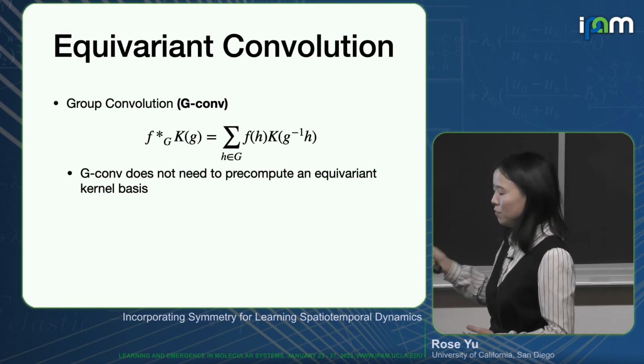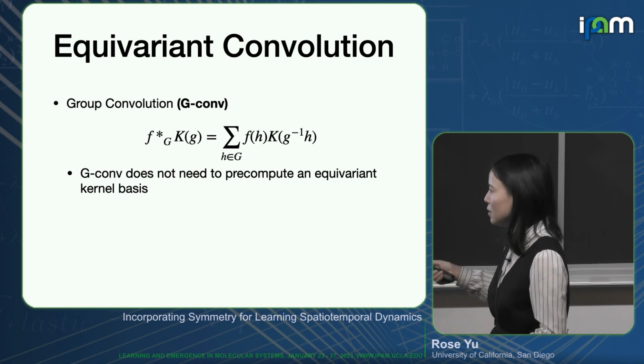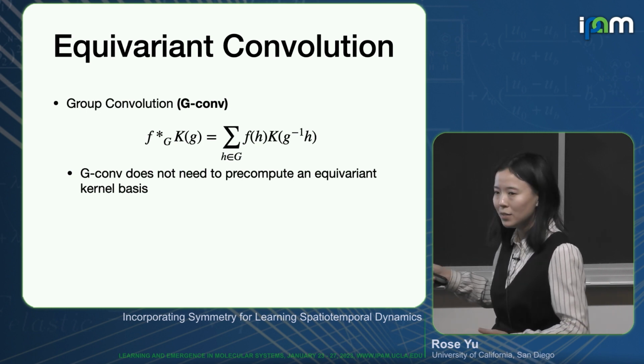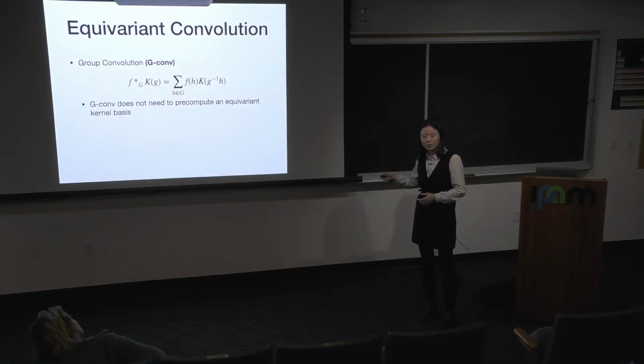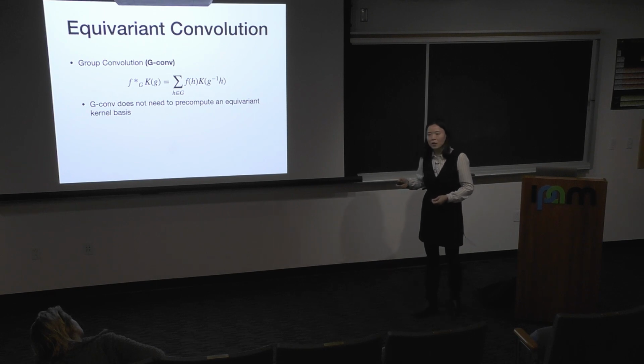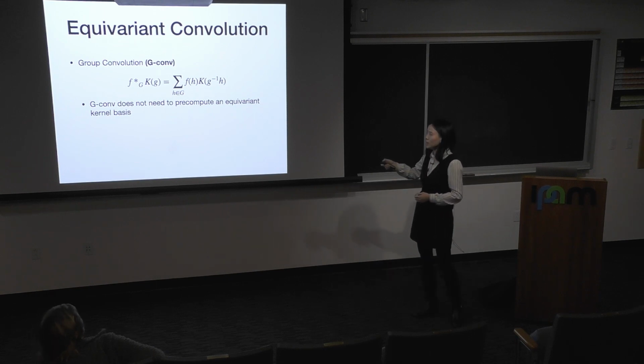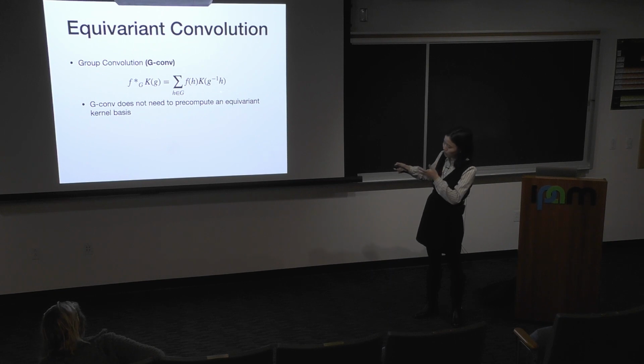It is convenient and efficient in that it doesn't need to pre-compute the equivariant kernel basis. I think it was mentioned before, the Clebsch-Gordan decomposition and spherical harmonics. These belong to the second class of implementation for equivariant convolutions. They can be computationally expensive in certain cases, but here we're using a much more computationally efficient way to compute group convolution.